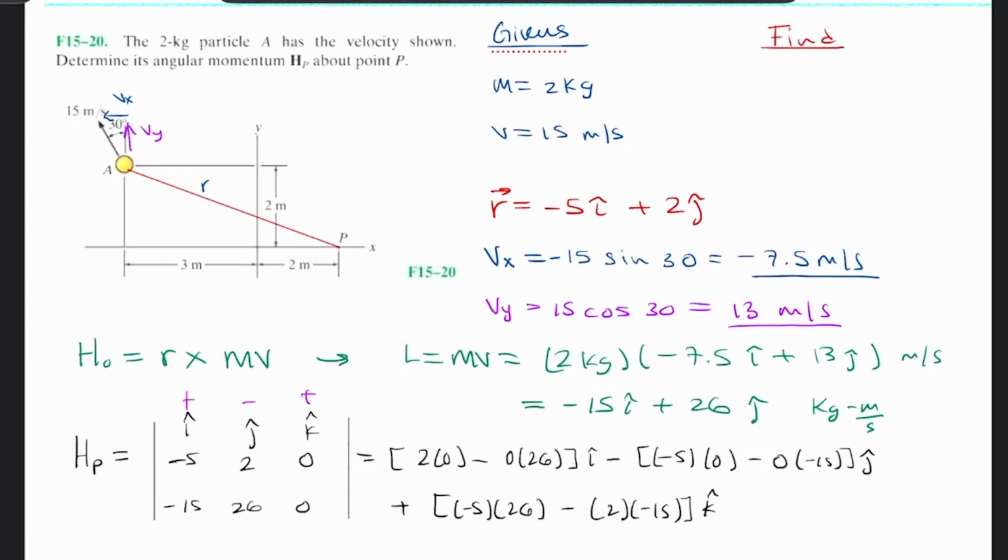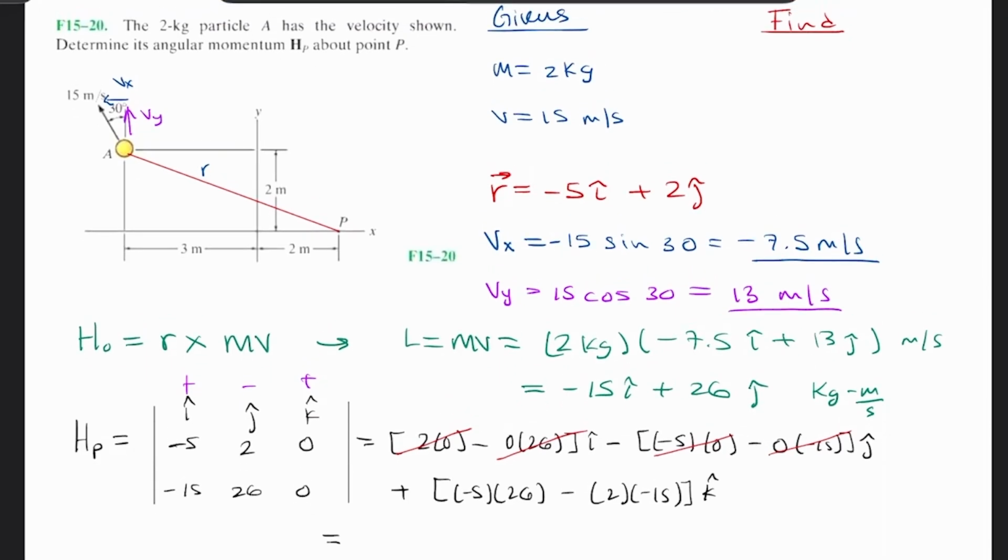Notice how all of these terms go to 0 in the i and j, and the only term we have is in the k direction. So we get negative 130 plus 30 in the k, or negative 100k.